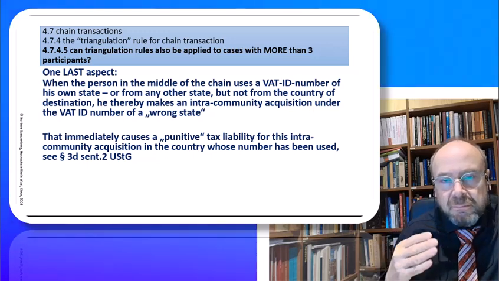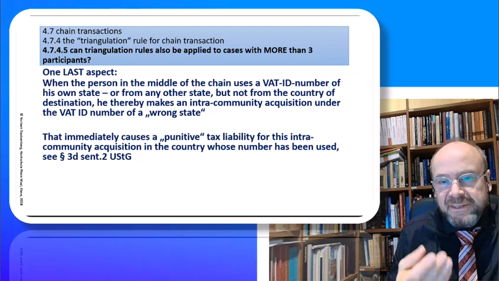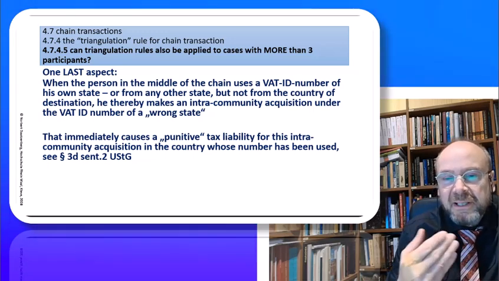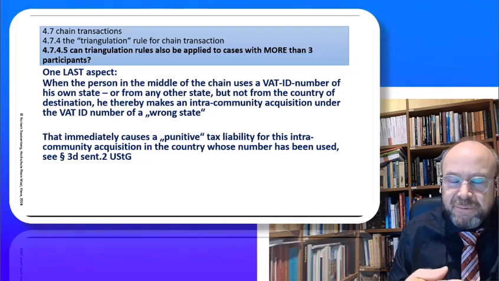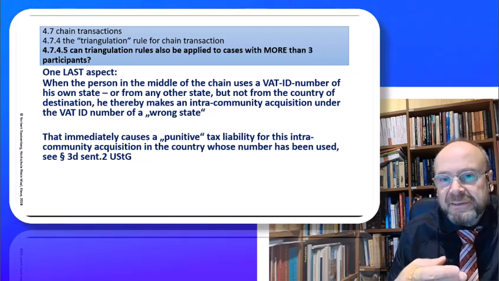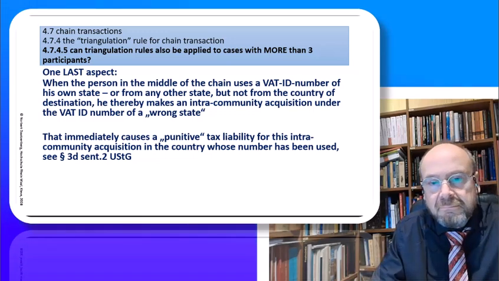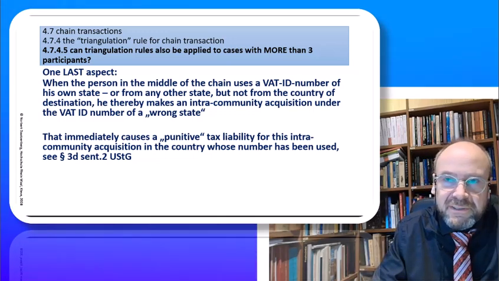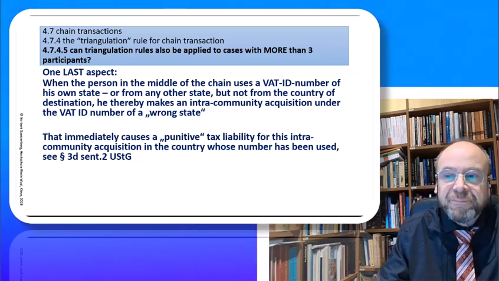So according to the basic rules, using the VAT identification number to allow A to declare successfully an intra-community delivery and then not registering in the country of destination would trigger this punitive tax, if B, for example, from Belgium, buys a good under his Belgian VAT number, although the good goes to Spain or to France.